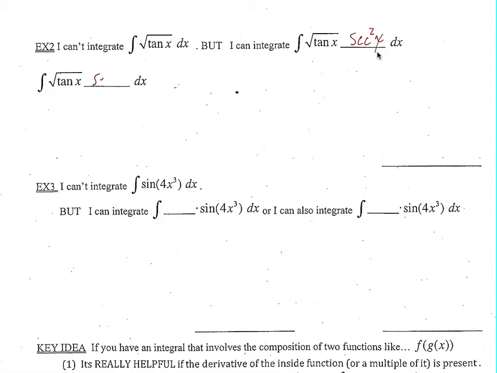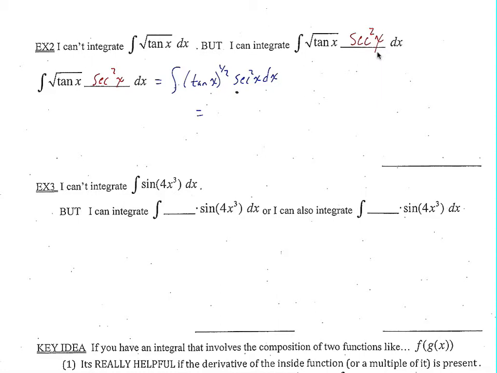If we have the integral of the square root of tangent of x times the secant squared of x, we can rewrite this using exponents instead, which will make it a little bit easier to work with.